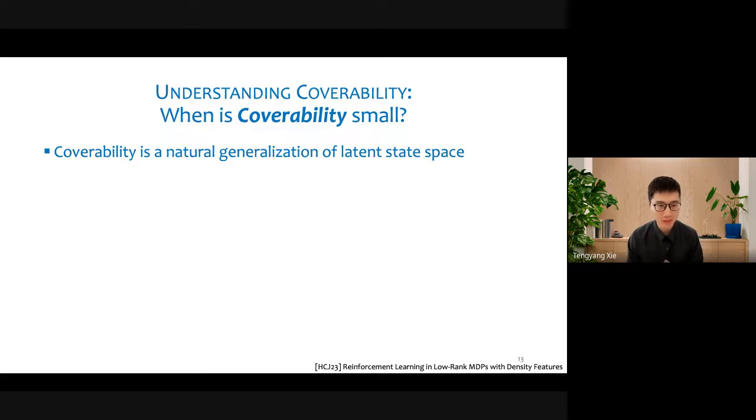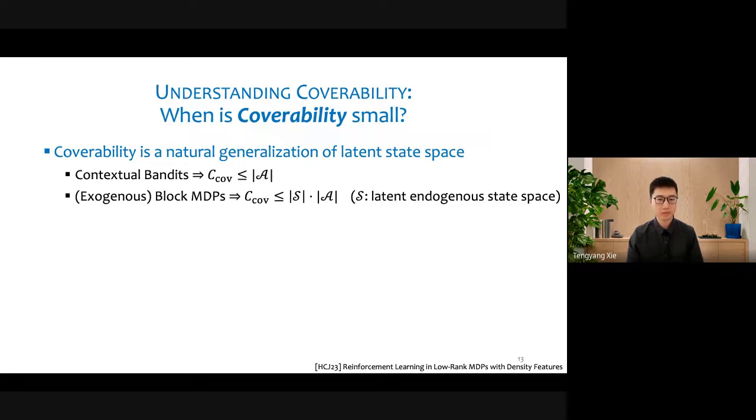So I would argue that coverability is a natural generalization of the latent state space. For example, in contextual bandit, the latent state space is 1, so that the cover can be bounded by the number of actions. And also in the example of exogenous block MDP, which is roughly like block MDP with some very hard to control exogenous noise.